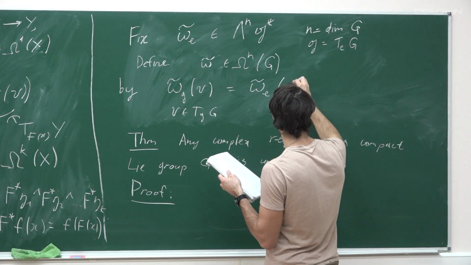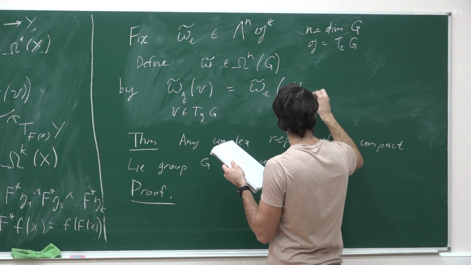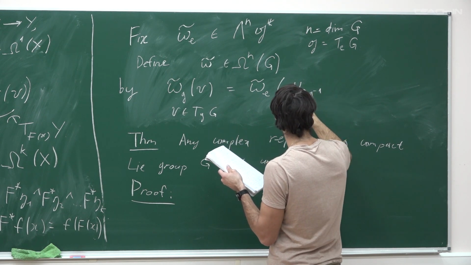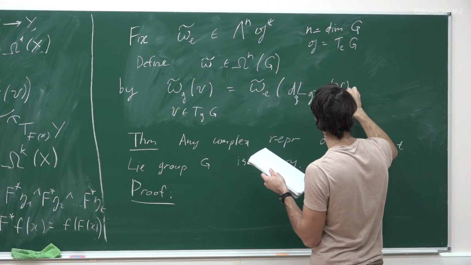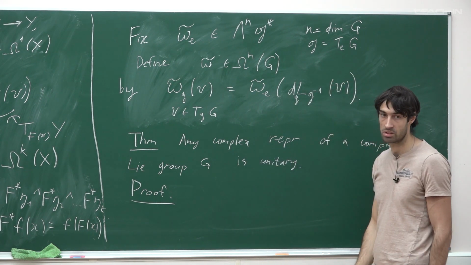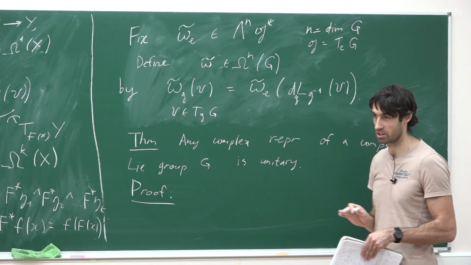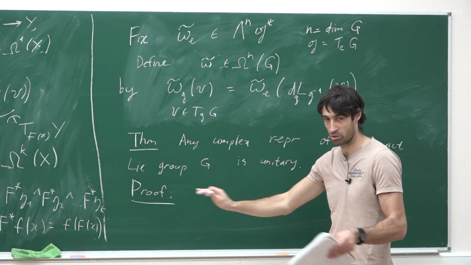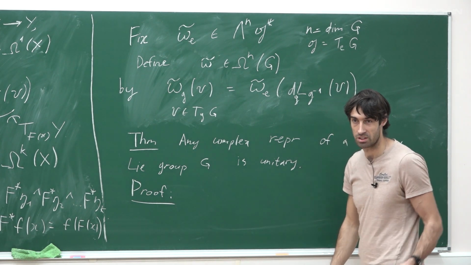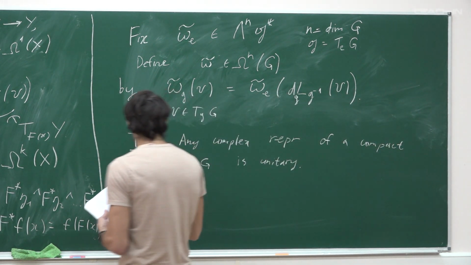So I use d L g inverse at point g of v. That's how I move vectors. That's how I move this form to the whole group G by left action. Okay.